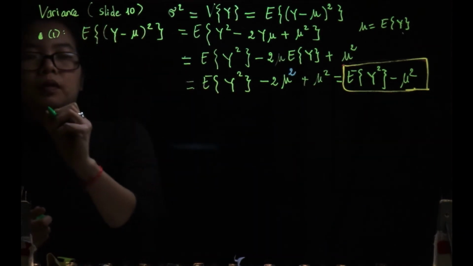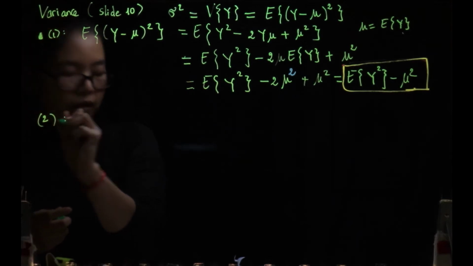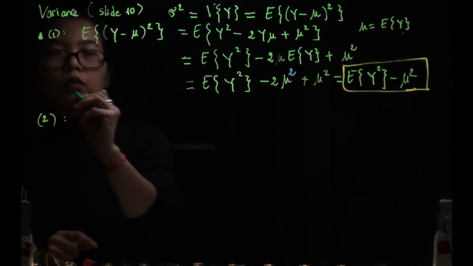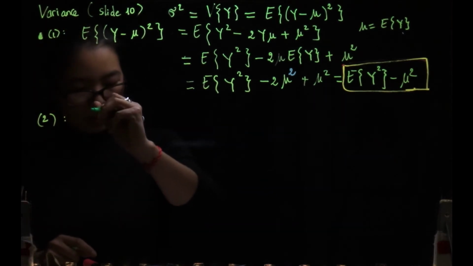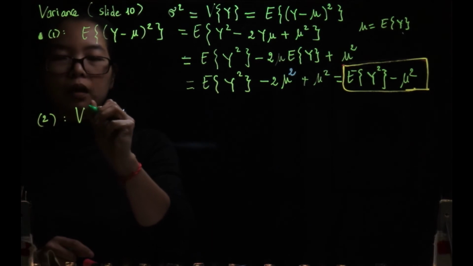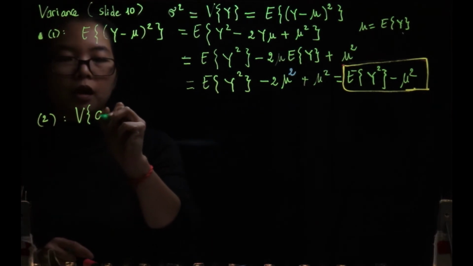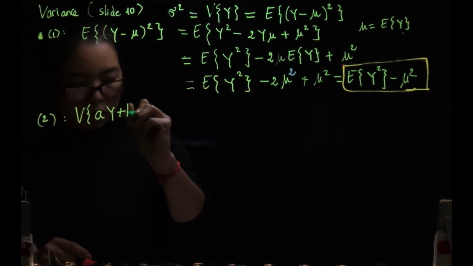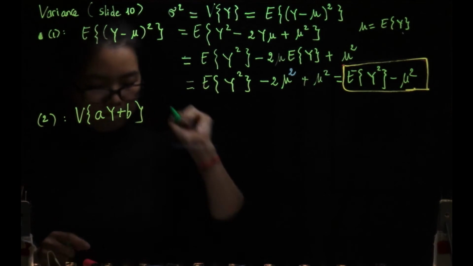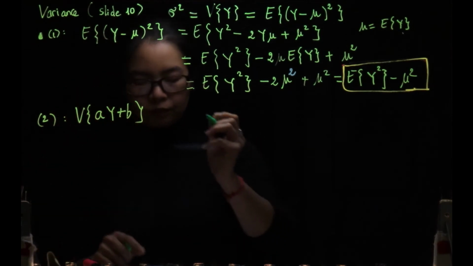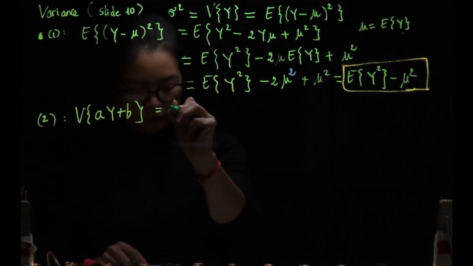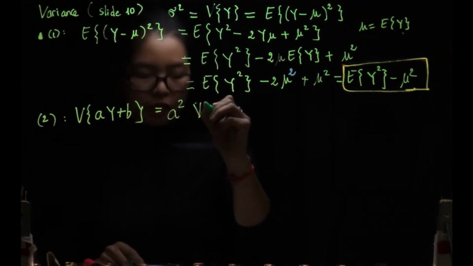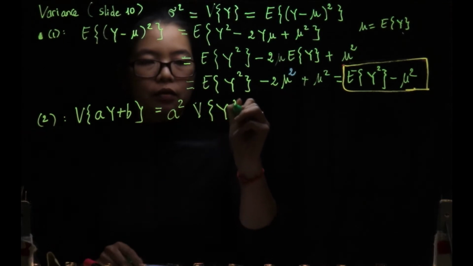The second thing. Again, we can apply the linear operator of expectation for a linear function of that random variable, ay plus b. Now, what is the variance of that? It is a squared, this is on your slide, times the variance of y itself.